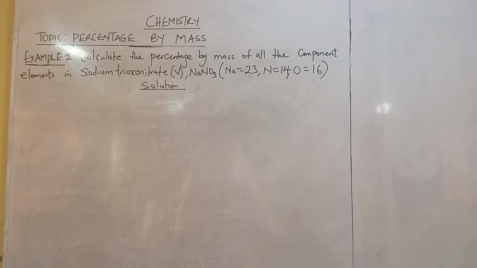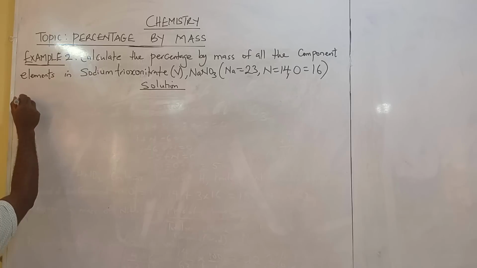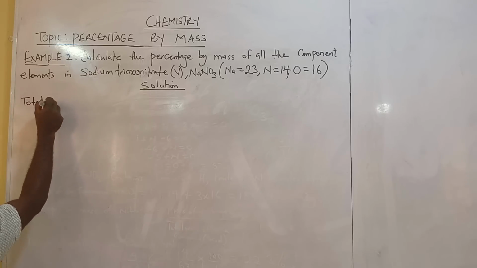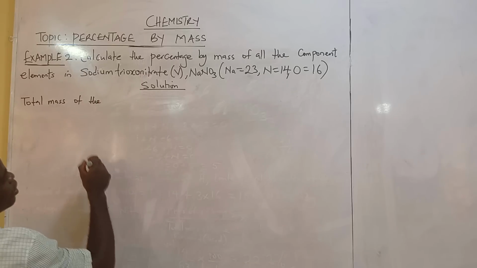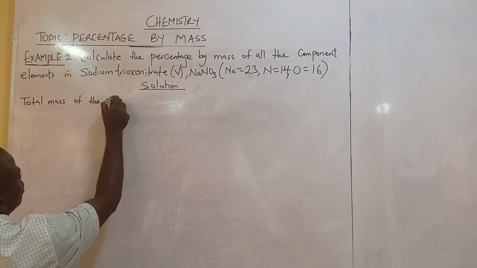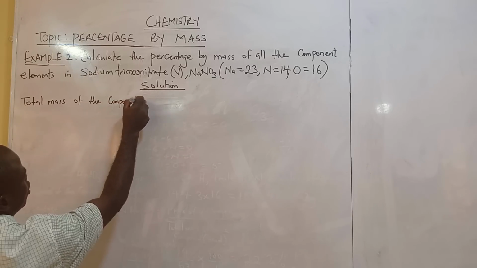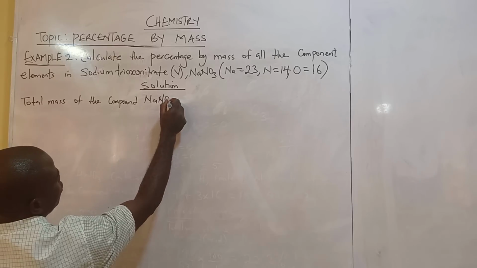Now let's see other examples. We have to calculate the percentage by mass of all the component elements in sodium trioxonitrate(V).